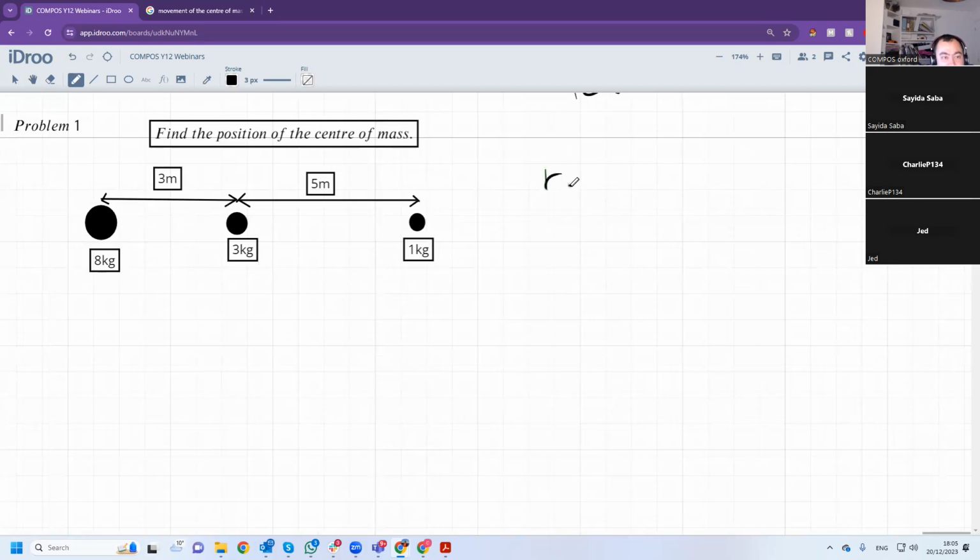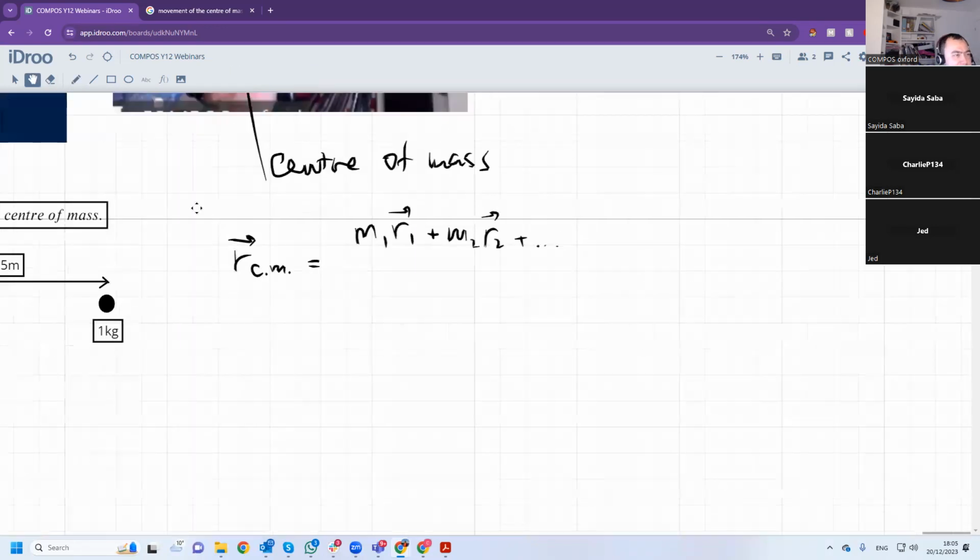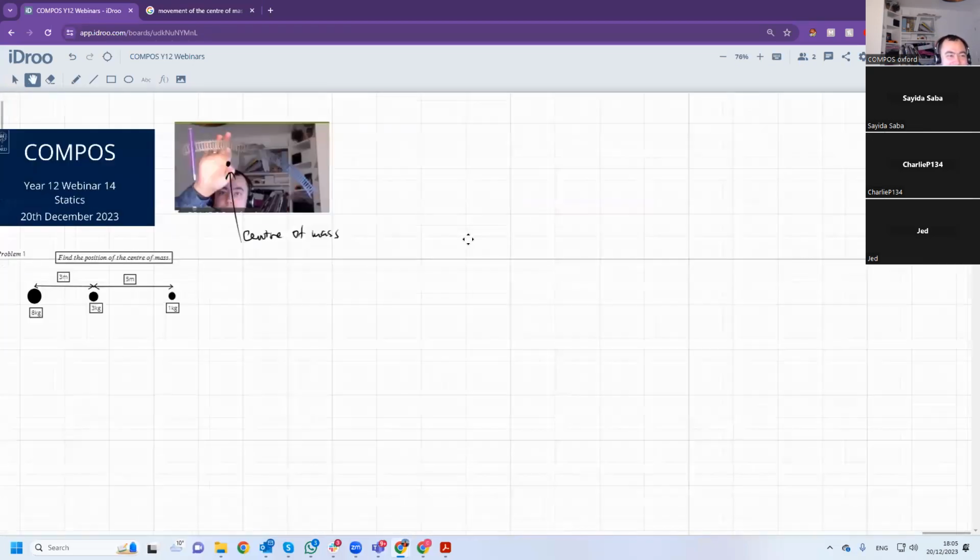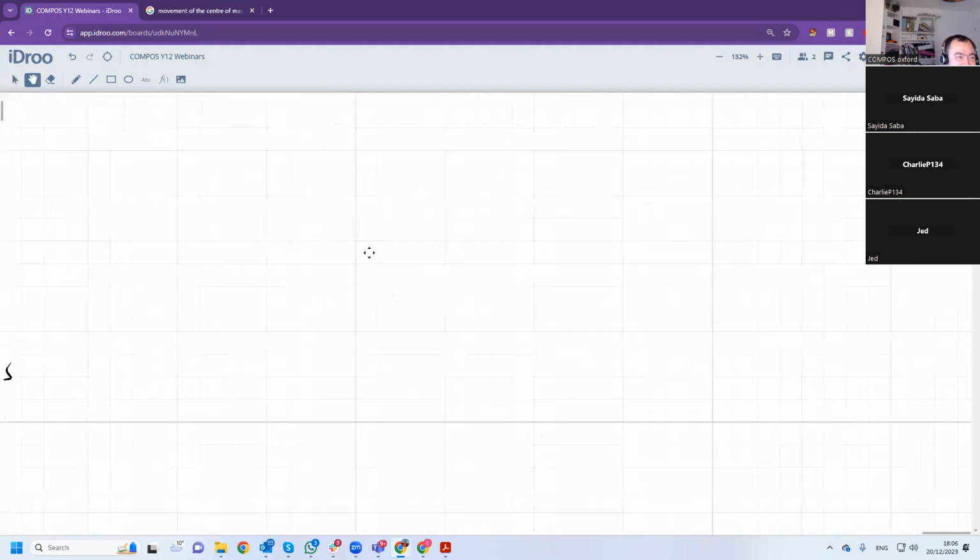The position vector of the center of mass is M1 R1 plus M2 R2 plus etc. Sorry, I should clarify what this means, because I'm just saying random stuff.